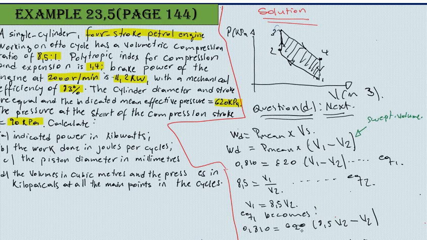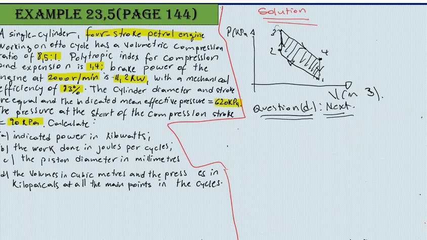So this is my first equation. The first equation is written in terms of V2. So I'll just reproduce it on this new slide. So I have 0.810 is equal to 620 multiplied by 8.5 V2 minus V2.